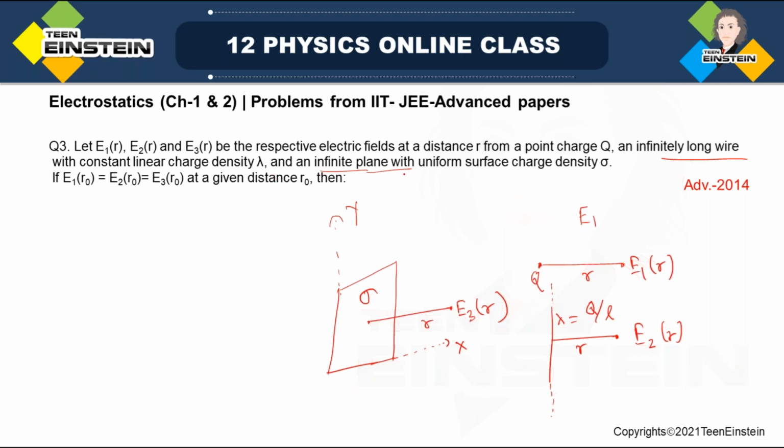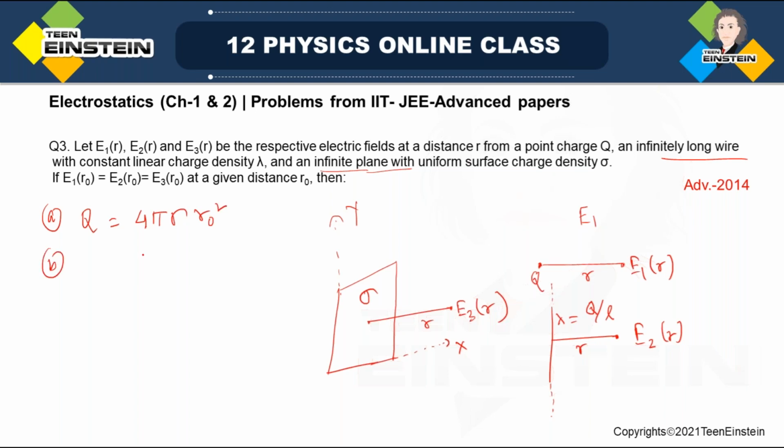Now the question is, if E1(R0) equals E2(R0) equals E3(R0) at a given distance R0, then the options are: A, Q is equal to 4 pi sigma R naught square.